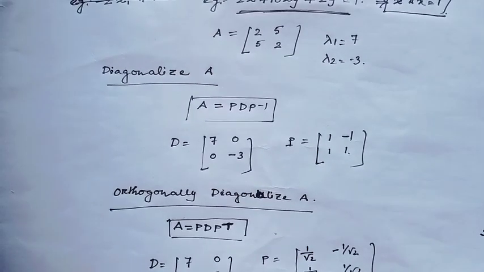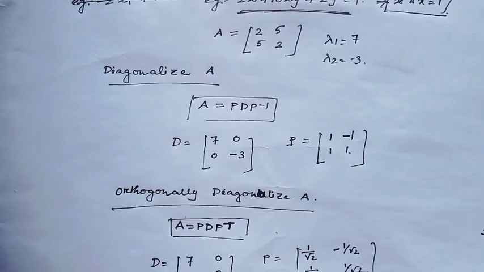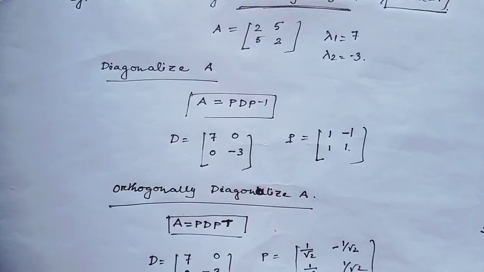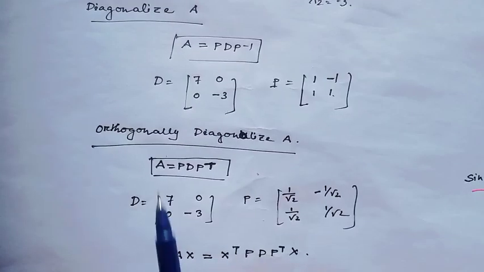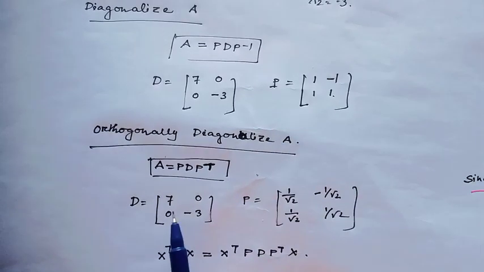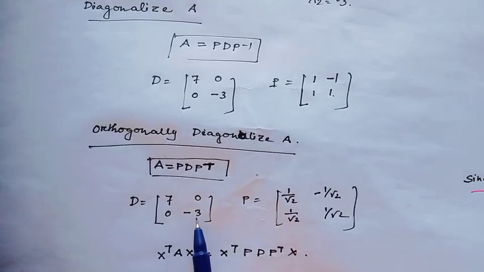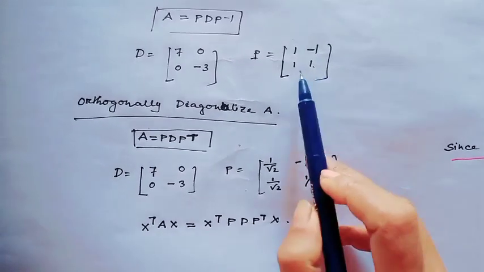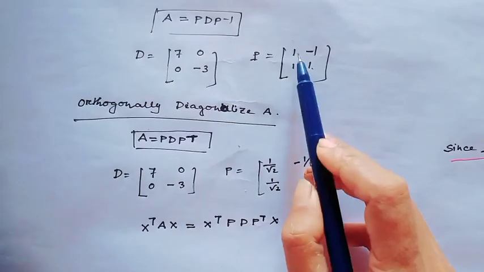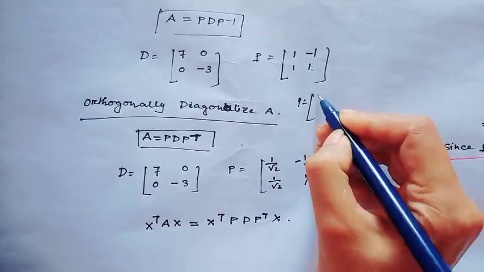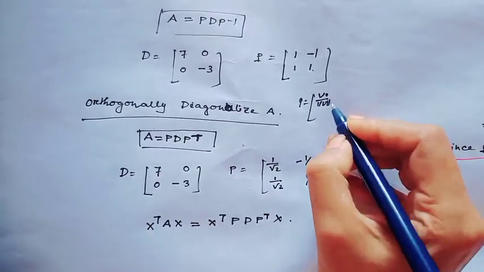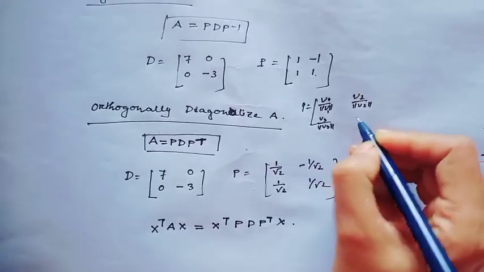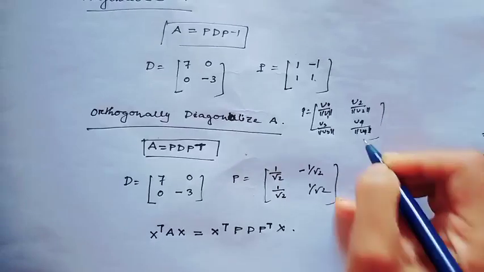But since the matrix is symmetric, it can be orthogonally diagonalized, and the idea is A equals PDP transpose, where D is [7 0; 0 -3] with these eigenvalues, and by the Gram-Schmidt method each eigenvector in P would be V divided by norm V, that is V1 by norm V1, V2 by norm V2, and so on. Okay, P would be such type.